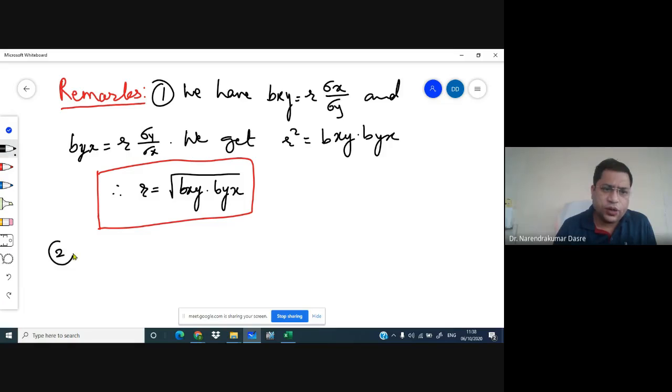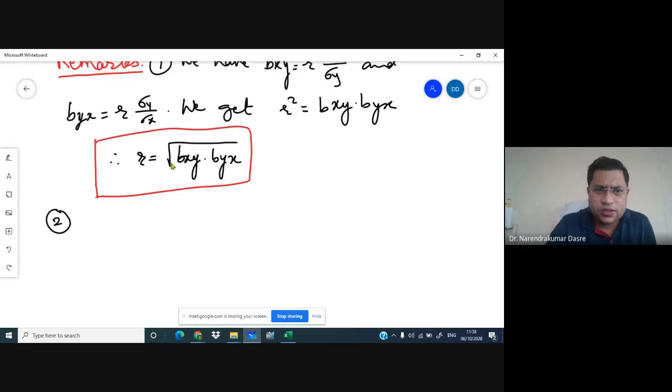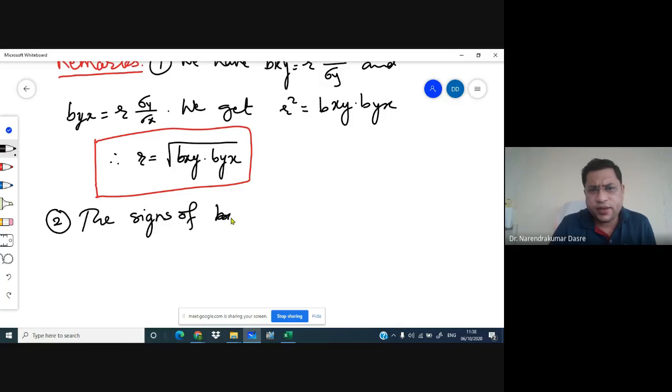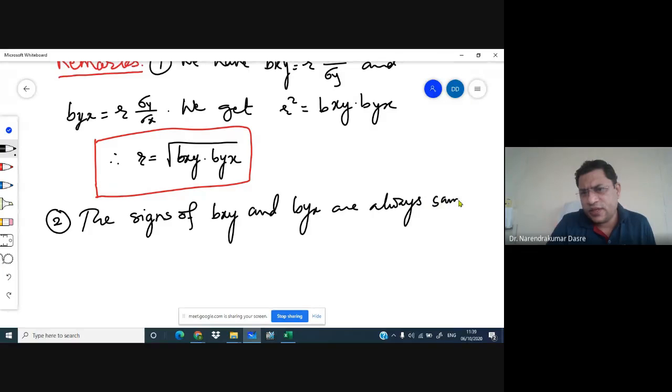Moreover, any square is always positive. That means both the terms will have the same sign. So the signs of bxy and byx are always the same.